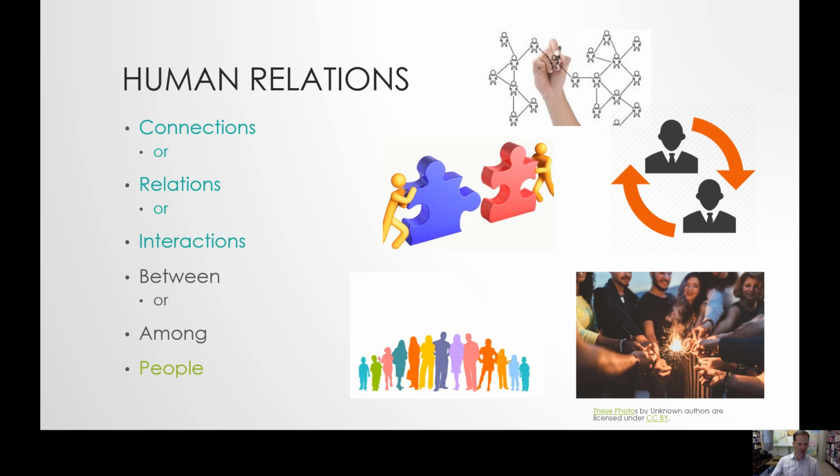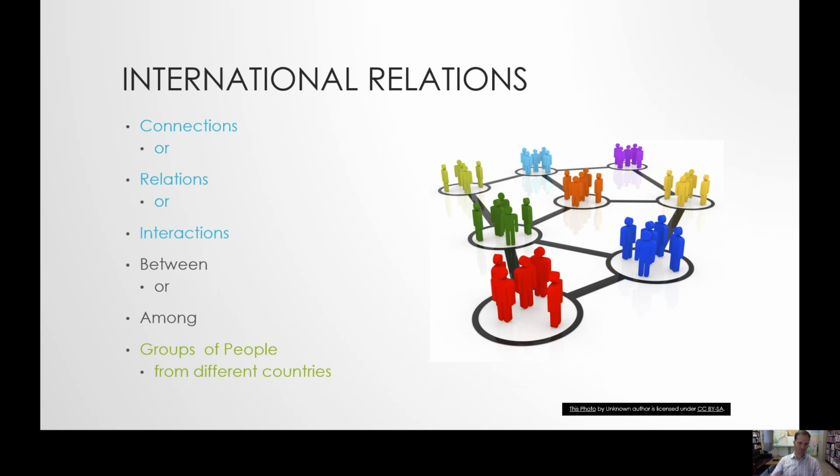So if we think just about human relations, not international relations, just human relations, we can say that it's some connections or some relations or some interactions between or among people. It's easy, yes? So, international relations, then, connections or relations or interactions between or among groups of people from different countries, like this.